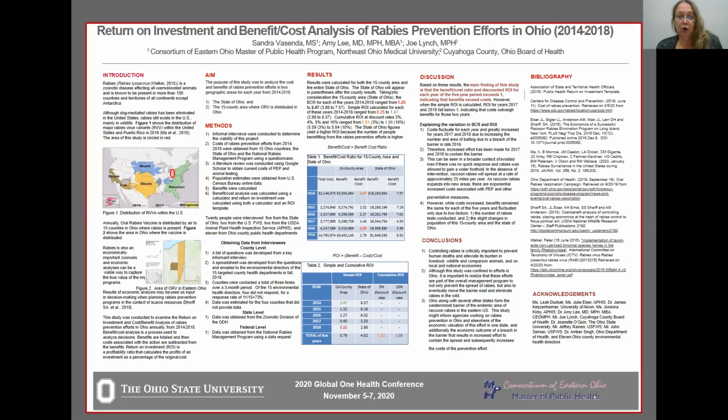Table 2 shows the results of the return on investment. I conducted both a simple ROI and a cumulative ROI using the data. Again, the simple ROI for each of the 5 years and the cumulative ROI was an overall figure. Simple ROI ranged from 0.25 to 1.47 for the 15-county area and 2.86 to 6.57 for the entire state of Ohio.